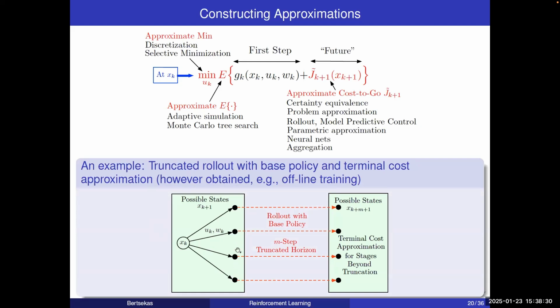And then we use a base policy to look into the future, all the way to some number of steps, M. And then we use a terminal cost function approximation, this J tilde, which involves a terminal cost approximation, but also the cost of the rollout policy here. And we select the optimal control, and then go one step forward, and so on.